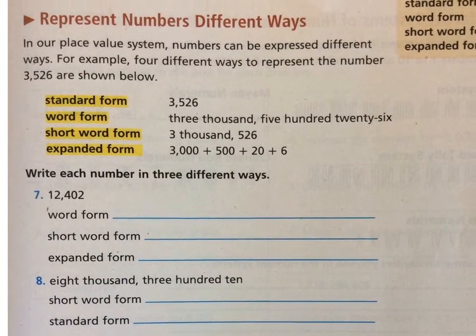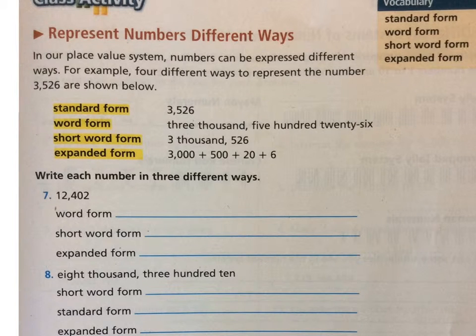All right, on our last page, I'm not going to give too much information here, but it does have vocabulary. You've got standard form, word form, short word form, and expanded form. In our place value system, numbers can be expressed in different ways. For example, 4 different ways to represent the number 3,526 are shown. Standard form, that's how you usually see it.